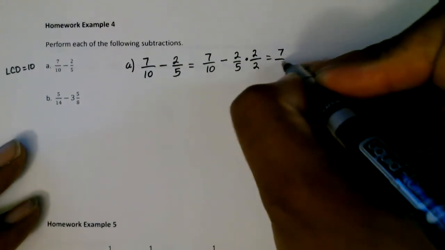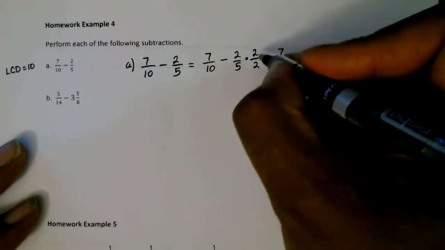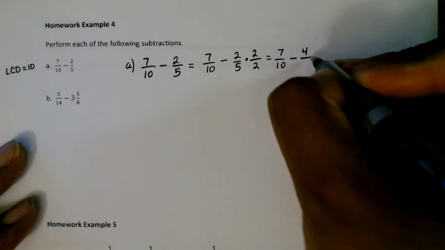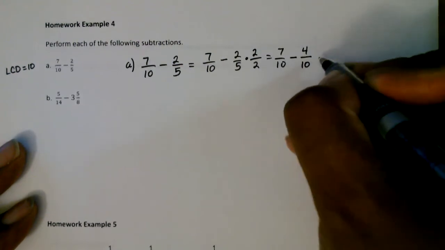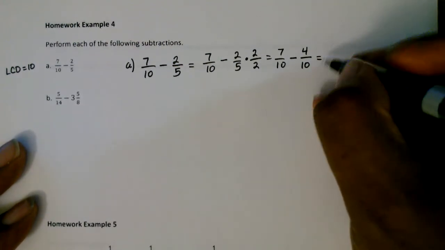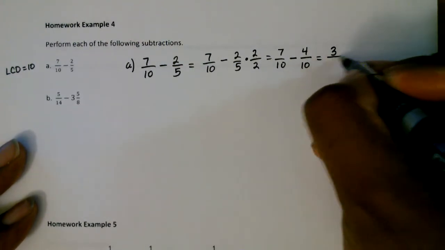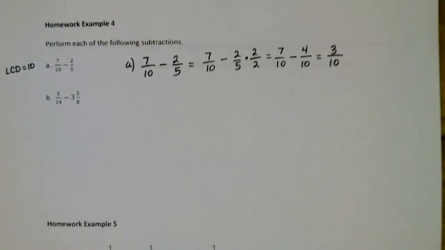So here I got 7/10 minus 2 times 2 will be 4 over 5 times 2 will be 10. 7/10 minus 4/10 ends up being 3/10. So in this case here, 3/10 is the answer for 7/10 minus 2/5.